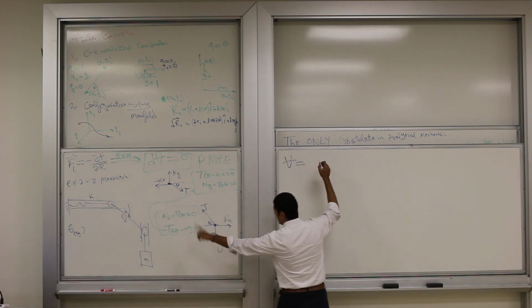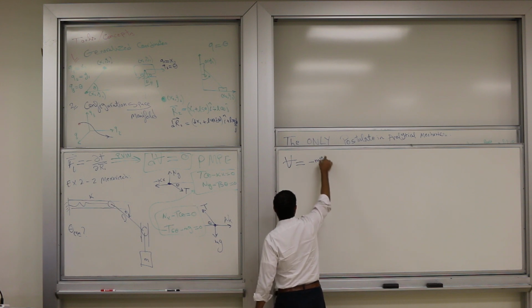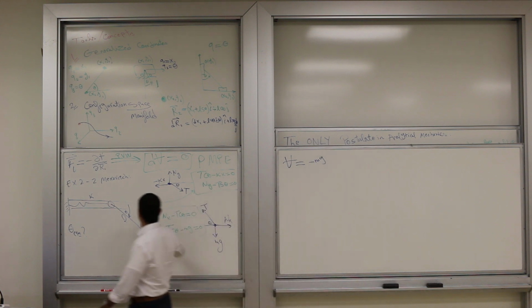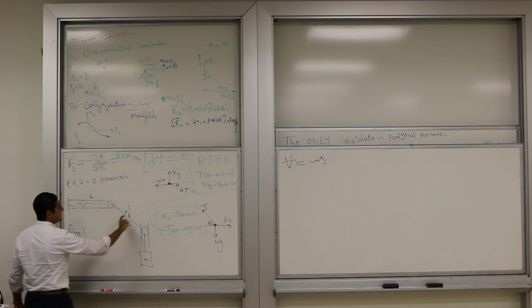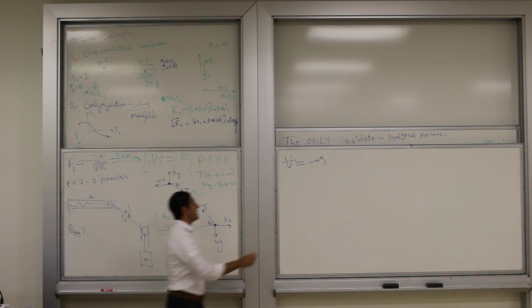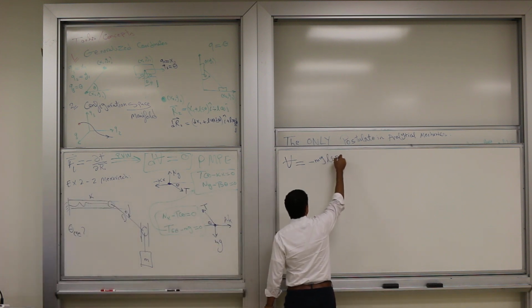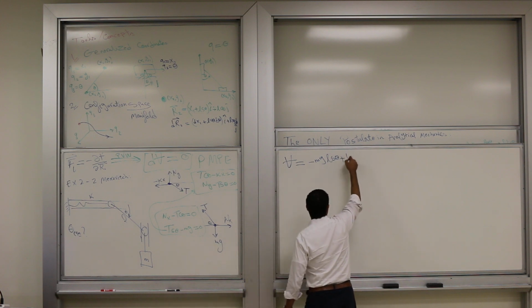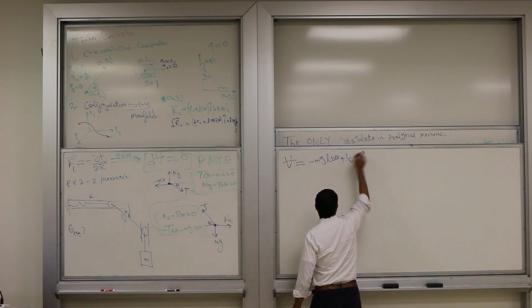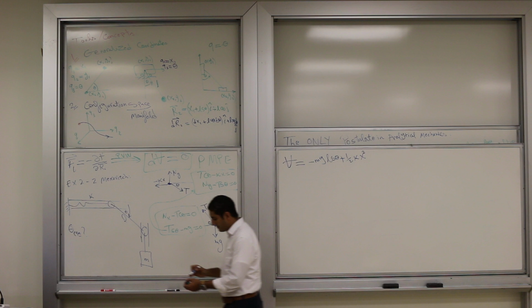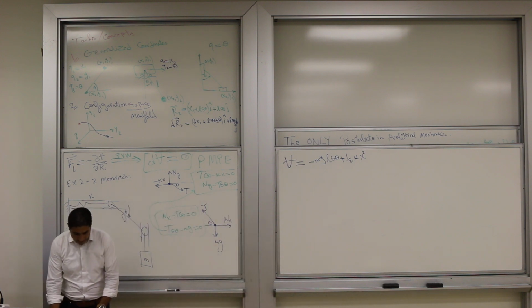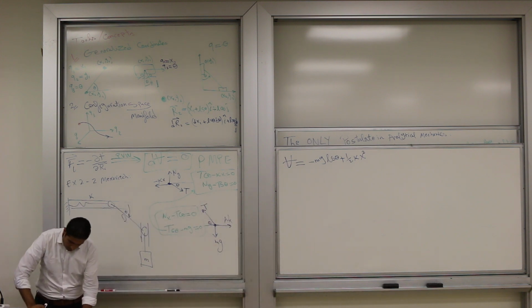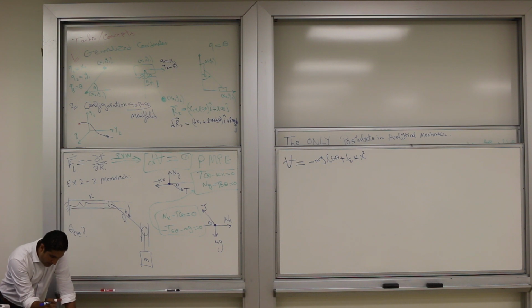Let's please write it. So here is my potential. It's simply for this guy negative mg times the vertical distance. This vertical distance is L sine theta, correct? Plus 1/2 k x squared. What is this x? The problem says when the spring is unstretched, the link is in the horizontal position.